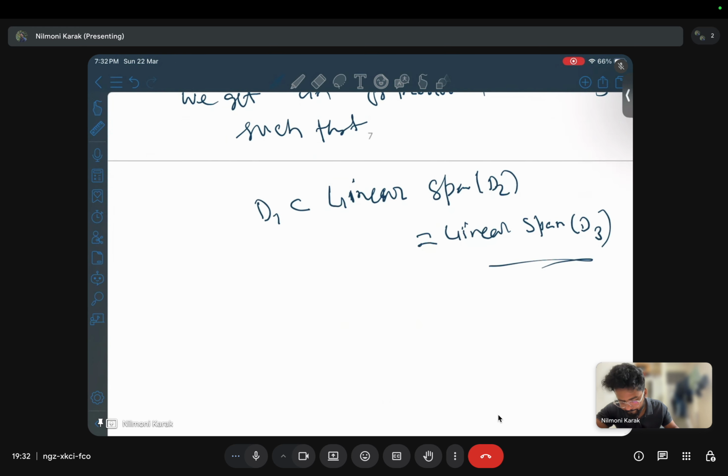And continuing this same process, we have the following theorem actually.